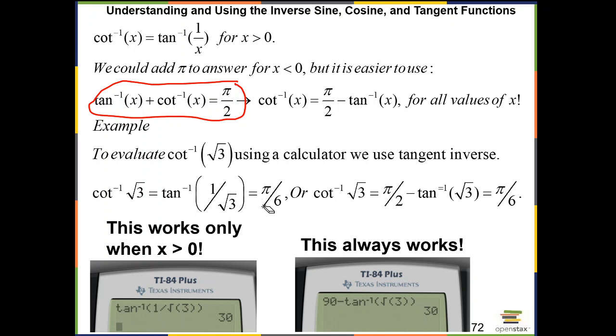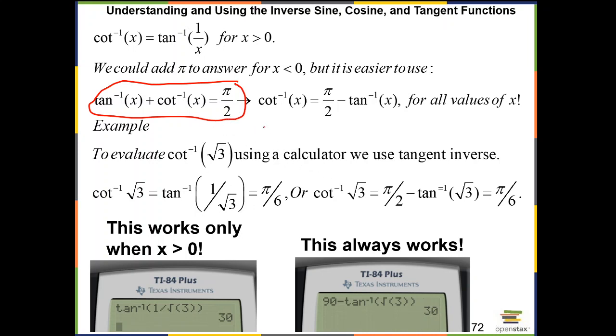And we can also do cotangent inverse of square root of 3 is pi over 2 minus tangent inverse of square root of 3. You get the same answer. I did it over here on the calculator in degrees, so you can see it. In degrees, I put tangent inverse of 1 over square root of 3. I get 30 degrees. And I did 90 minus tangent inverse of square root of 3, not 1 over, but the square root of 3. And I got 30. So it's a much easier one to use.